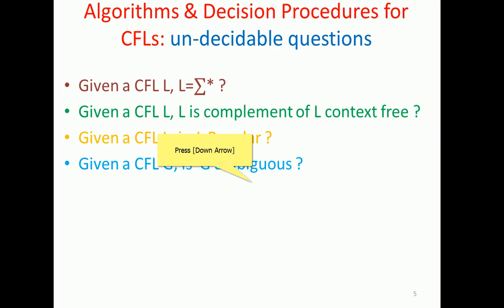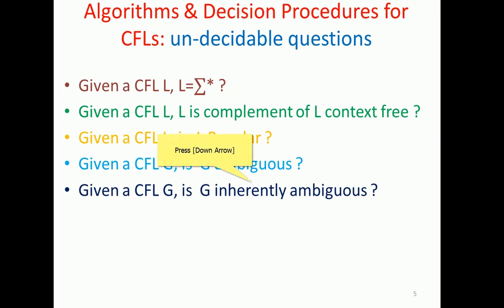Also, given a context-free language accepted by the grammar G, is G inherently ambiguous, right? So you can put such a question. G is ambiguous by birth itself, it originates ambiguous, it is naturally ambiguous.